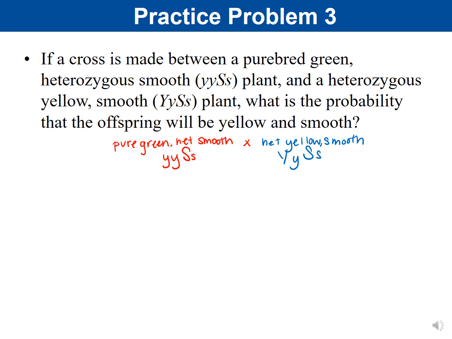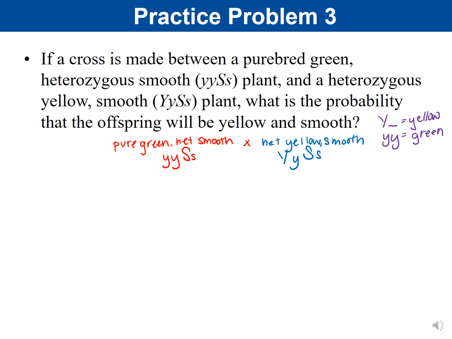Now, the other thing I like to do is, because in this problem I didn't explicitly tell you which one's dominant and which one is recessive, notice that the green is definitely the recessive. That was the little y. So I like to write myself a note that big Y, any second allele, is yellow. And little y is going to be green.